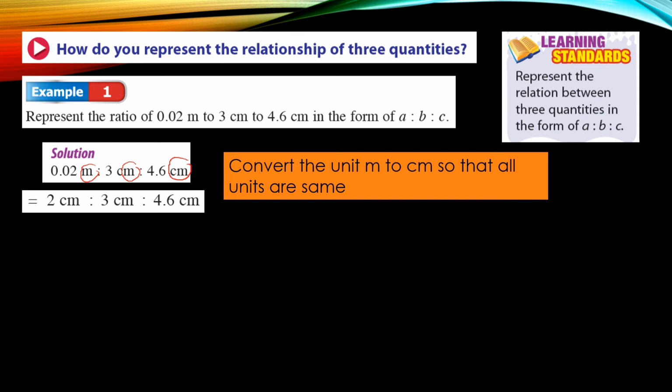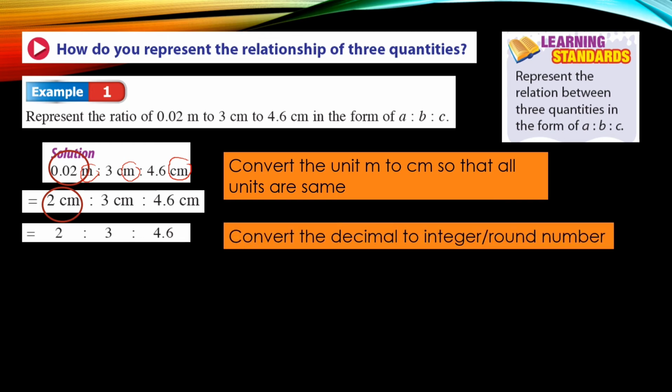All units now are same, so we can write 2 ratio 3 ratio 4.6. What we need to do now is to convert the decimal to integer or round number.